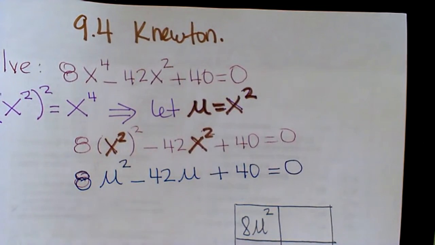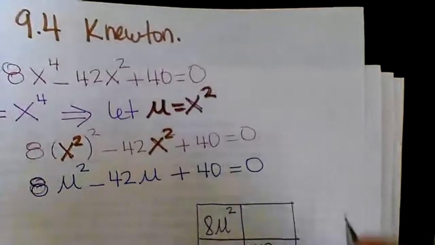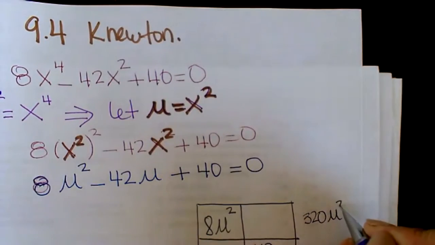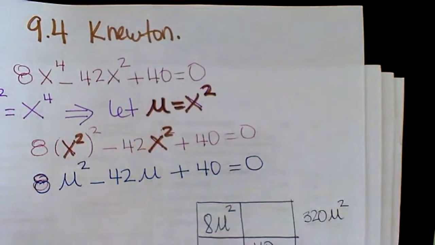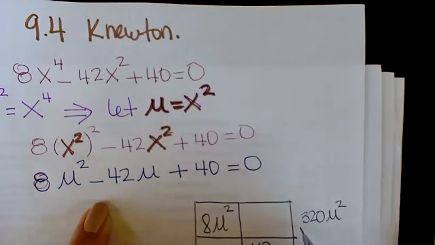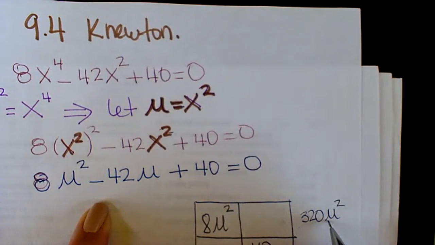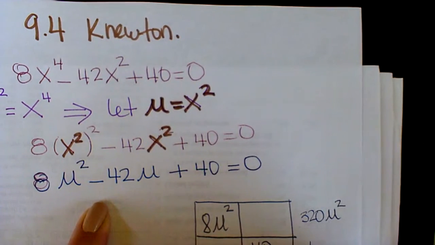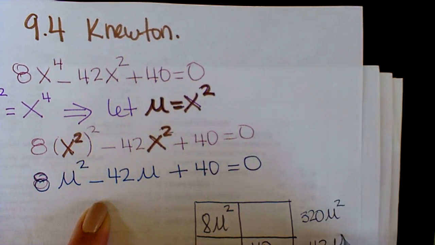And let me get my calculator handy. So we have 8 times 40 is 320u squared. And I need two numbers that multiply to give me this 320u squared, and when I add them, I get 42u.